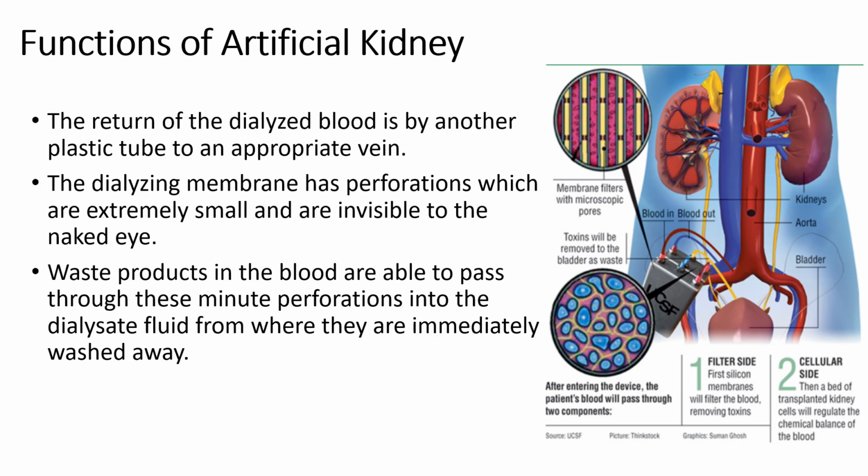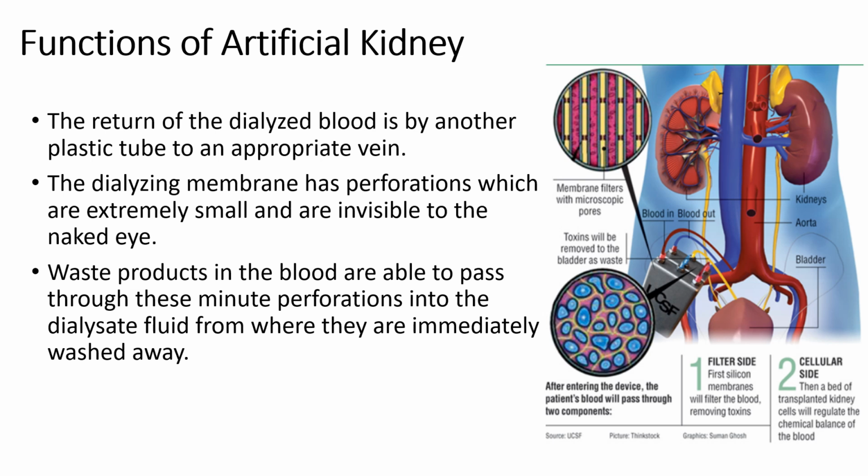Next, the dialyzed blood is returned by another plastic tube and given to an appropriate vein. This dialysis membrane has perforations which are extremely small and even invisible to the naked eye.